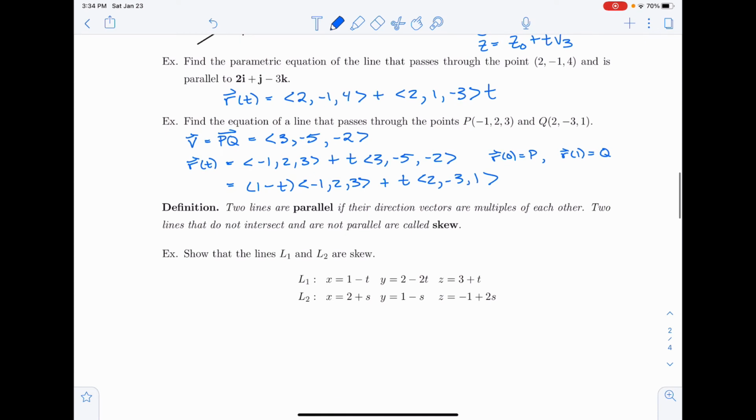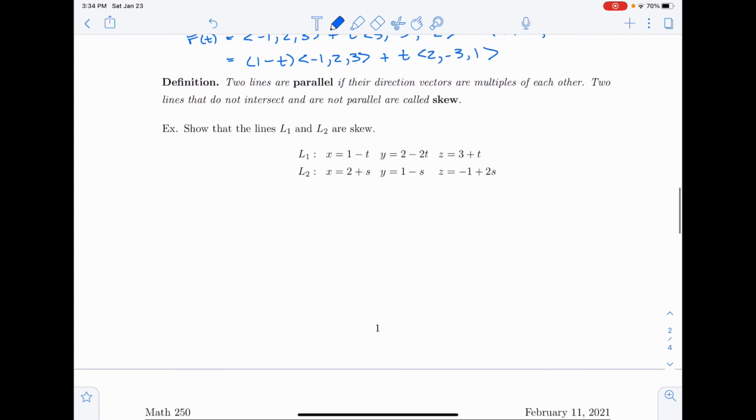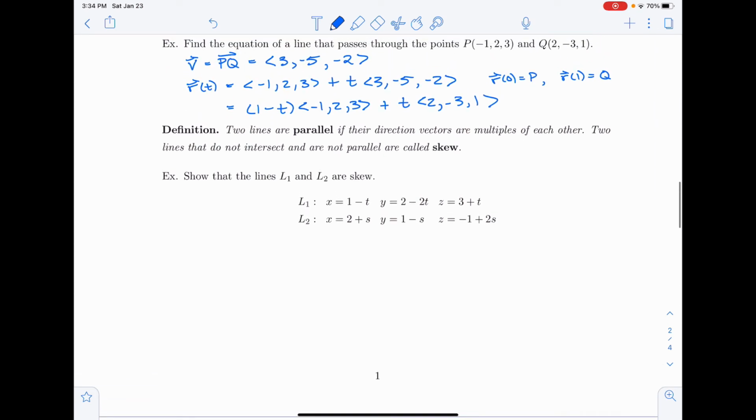Now, we're going to say that two lines are parallel if they have the same slope. But instead of slope, we're going to say that the direction vectors for those lines are multiples of each other. So if the direction vectors are multiples of each other, then those vectors are parallel, and therefore the two lines are parallel.